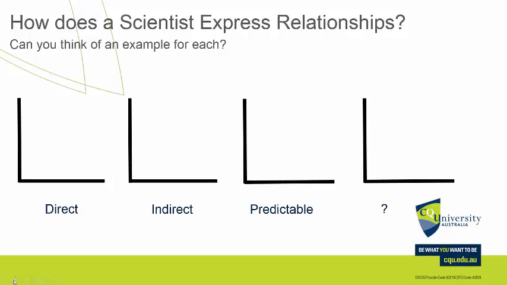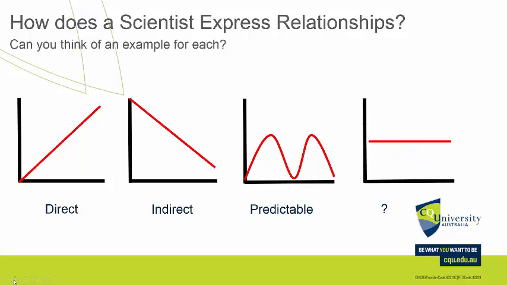Scientists also express relationships. Now what we've got here is a direct relationship. An indirect relationship, a predictable relationship, and the final one, no name.